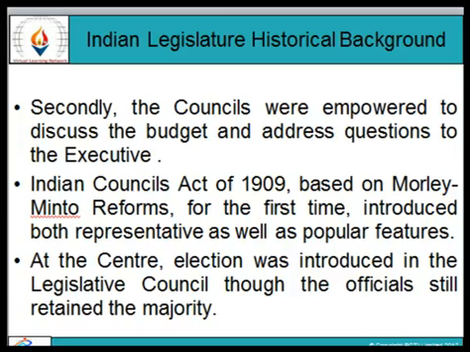Indian Councils Act of 1909, based on the Morley-Minto reforms, for the first time introduced both representative as well as popular features. At the center, election was introduced in the Legislative Council though the officials still retained the majority.